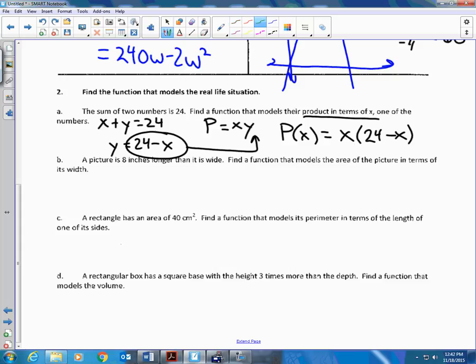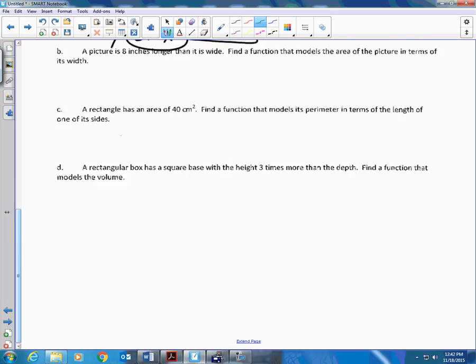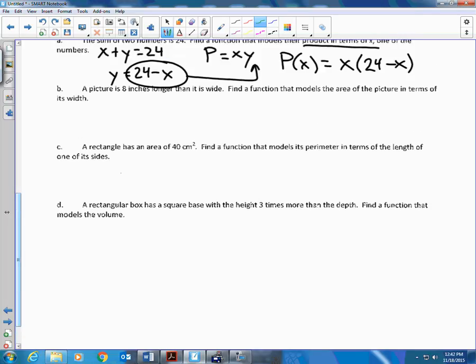Okay, here we go. A picture is 8 inches longer than it is wide. So what that means is length is equal to the width plus 8. It says find a function that models the area of the picture. So area is equal to length times width. I can simply take that and plug it in right there.